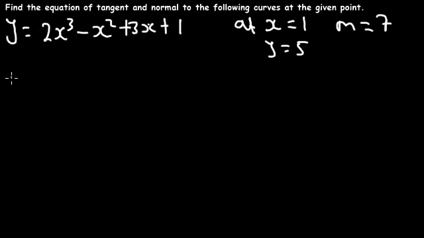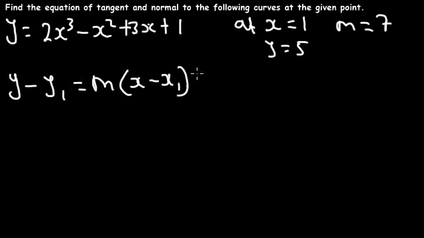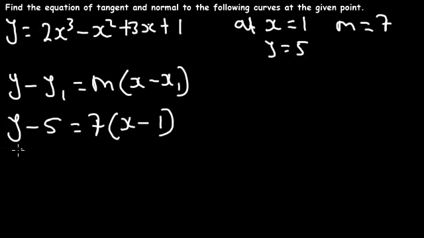Since the equation of the tangent line is y minus y1 equals m multiplied by (x minus x1), with x1 being this and y1 being that, and m is 7, we can make our substitution. This becomes y minus 5 equals 7 multiplied by (x minus 1). Then simplify: y minus 5 equals 7x minus 7.